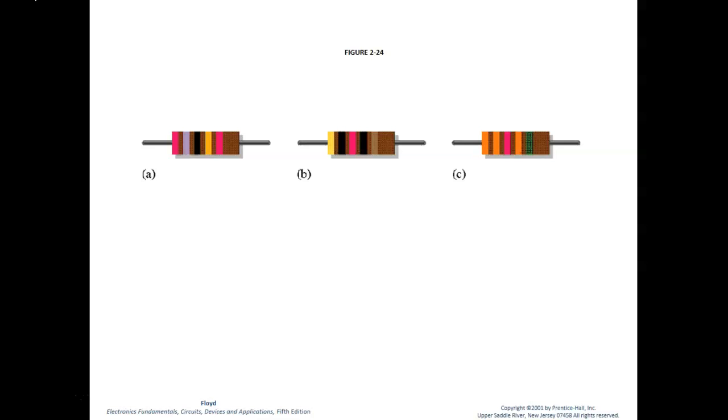What I'm actually dealing with is 2,700,000 plus or minus 54,000. That's what I'm actually dealing with. I'm just shortening it up and getting rid of a bunch of those zeros.